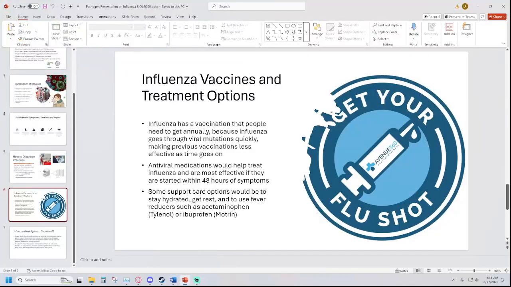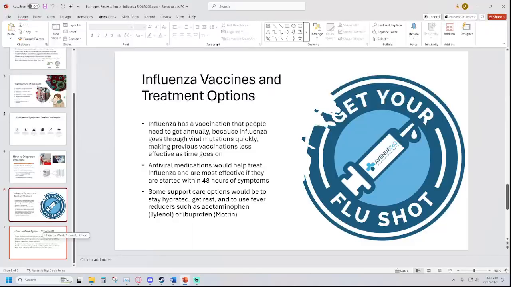Antiviral medications such as oseltamivir, which is the generic name for Tamiflu, and zanamivir, which is the generic name for Relenza, would help treat influenza and are the most effective if they are started within 48 hours of symptoms. Some supportive care options would be to stay hydrated, get rest, and to use fever reducers such as acetaminophen, which is the generic name for Tylenol, or ibuprofen, which is the generic name for Motrin.